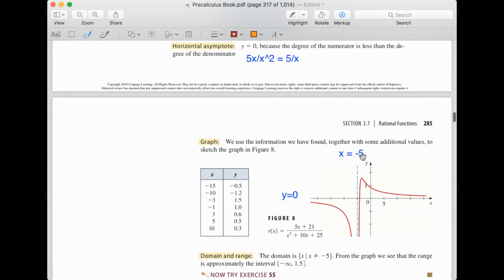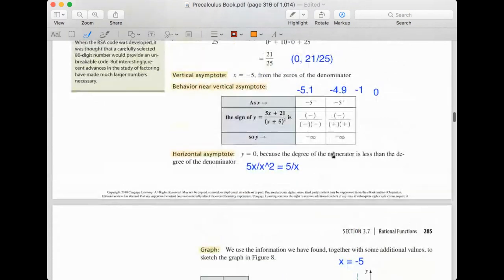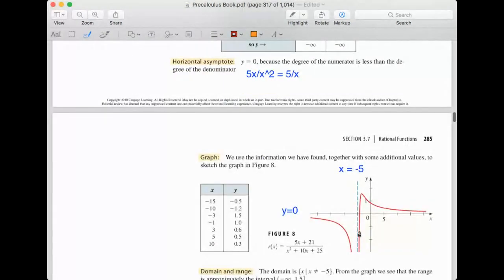From a value a little bit bigger than -5, like -4.9, we'll have this part. We will have negative value. Then maybe we evaluate another value. Let's say -1 or -0.5. Right?